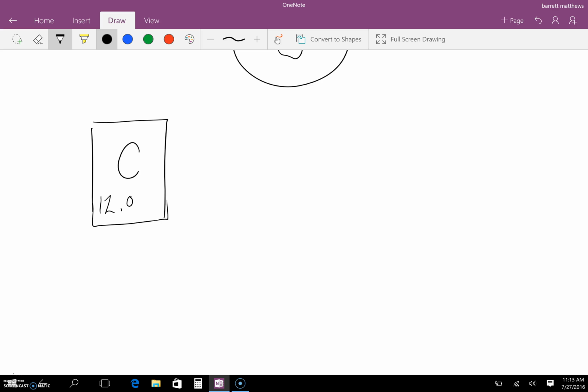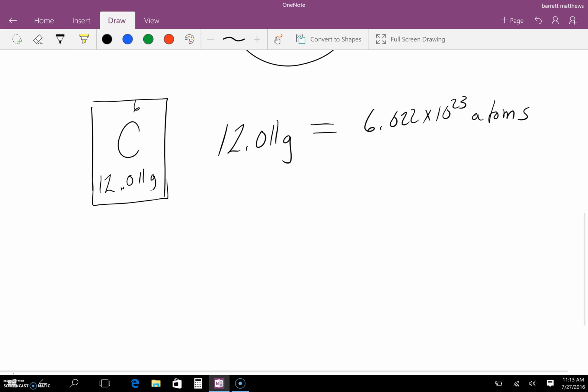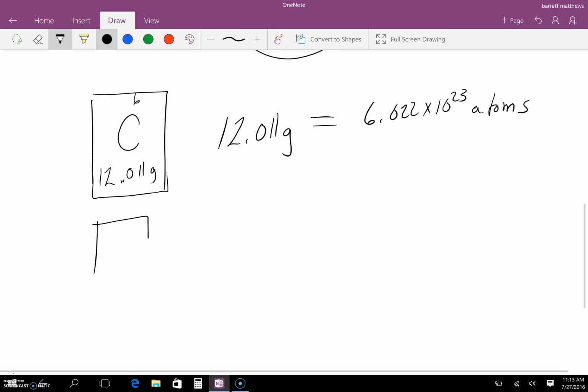Now, let's say I was going to look at the periodic table. We remember that at the bottom is the average atomic mass. Every element has an average atomic mass at the bottom, and this represents 1 mole of that element. And 1 mole is 6.022 times 10 to the 23rd. So every time I have 12.011 grams of carbon, I have 6.022 times 10 to the 23rd atoms of carbon.